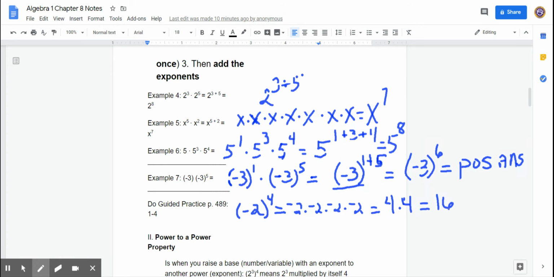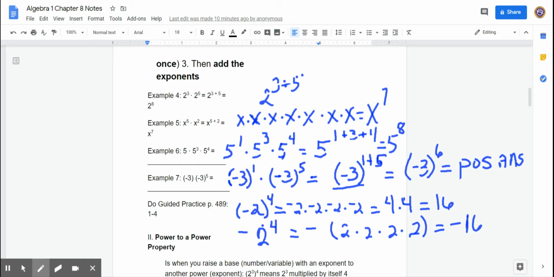If you have the opposite of 2 to the 4th power, that is the opposite of 2 times 2 times 2 times 2. That is -16. So this is the one that gives most people trouble, and I see careless mistakes of getting the wrong sign for the answer.